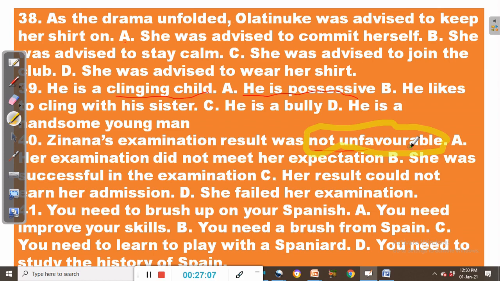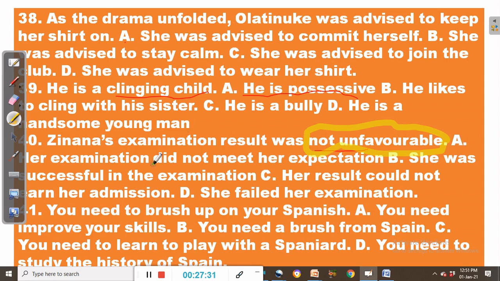And with that meaning in our mind, let's try to look at the options. With this understanding, we can pick the right option. This becomes the context clue that we need for picking the right interpretation of this sentence.